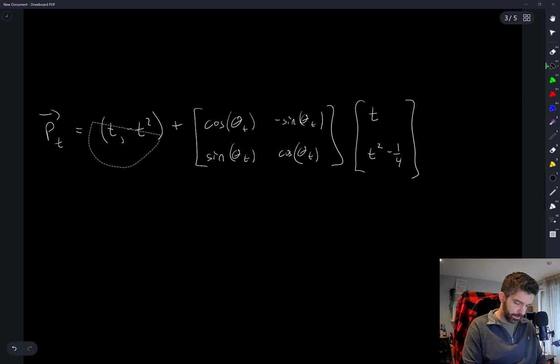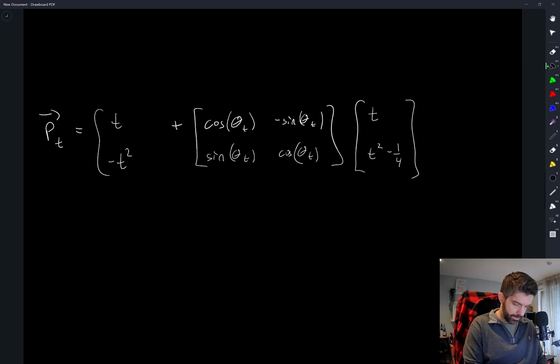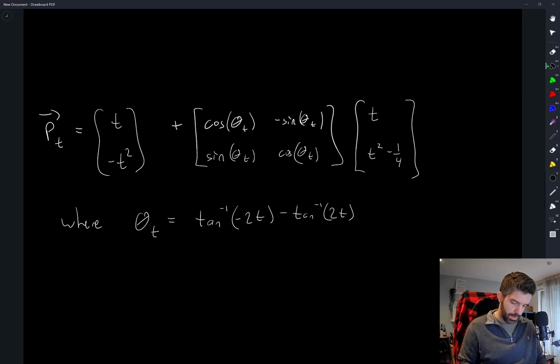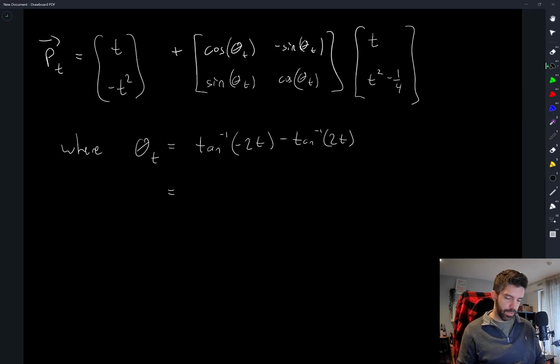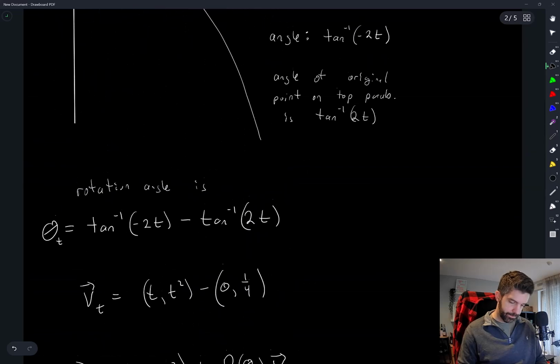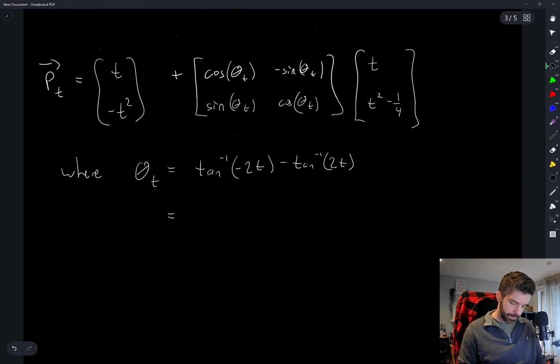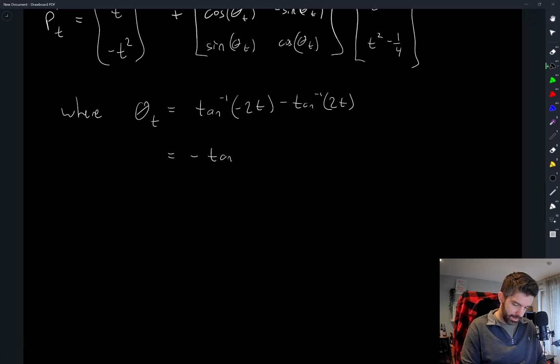Let me write this as a column vector. Where theta t is tan inverse of negative 2t minus tan inverse of 2t, which is equal to, tan inverse is an odd function, so that's negative tan inverse of 2t.